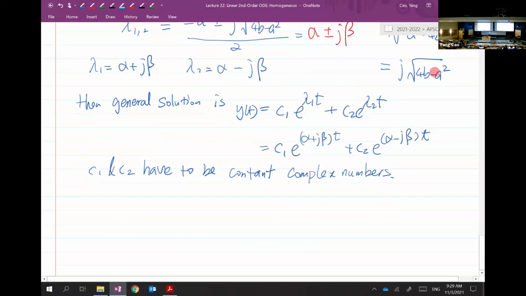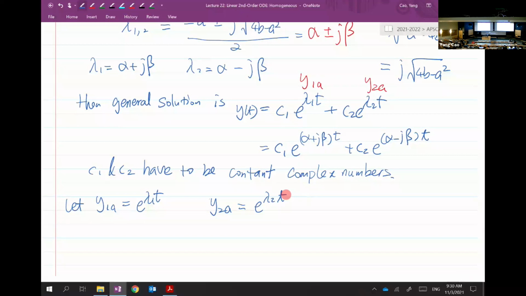First of all, what we did here: let's call this y1a and this y2a. y1a equals e to the power lambda 1 t, and y2a equals e to the power lambda 2 t.